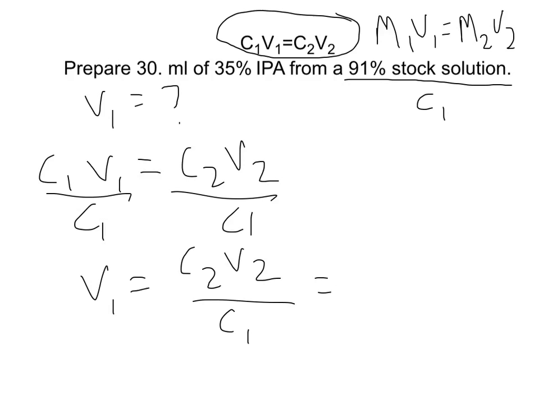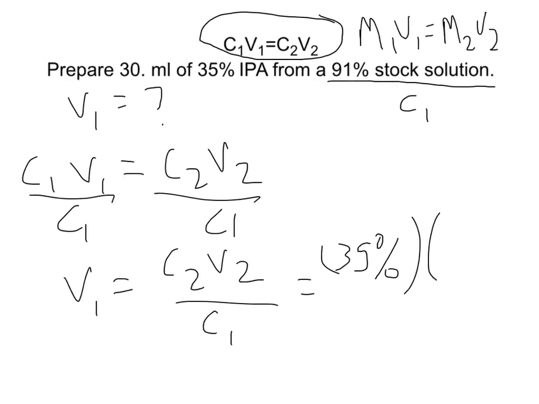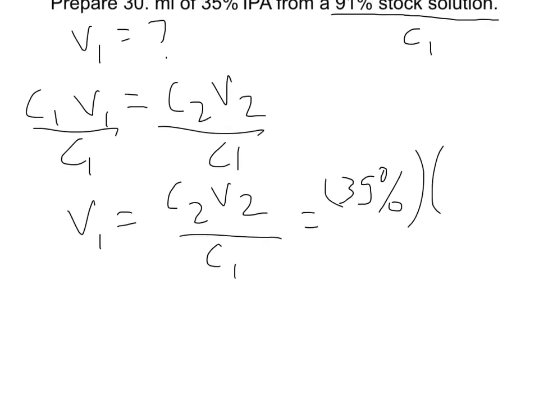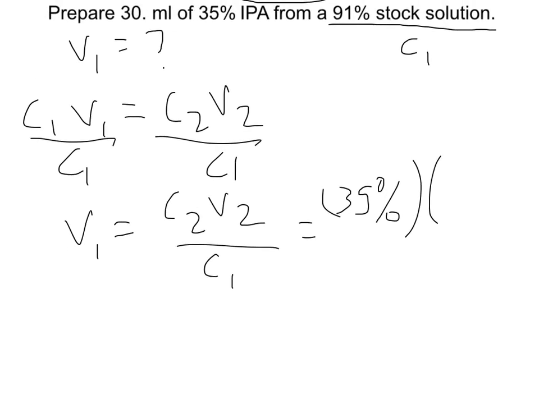That's 35% times 30 milliliters over 91%.